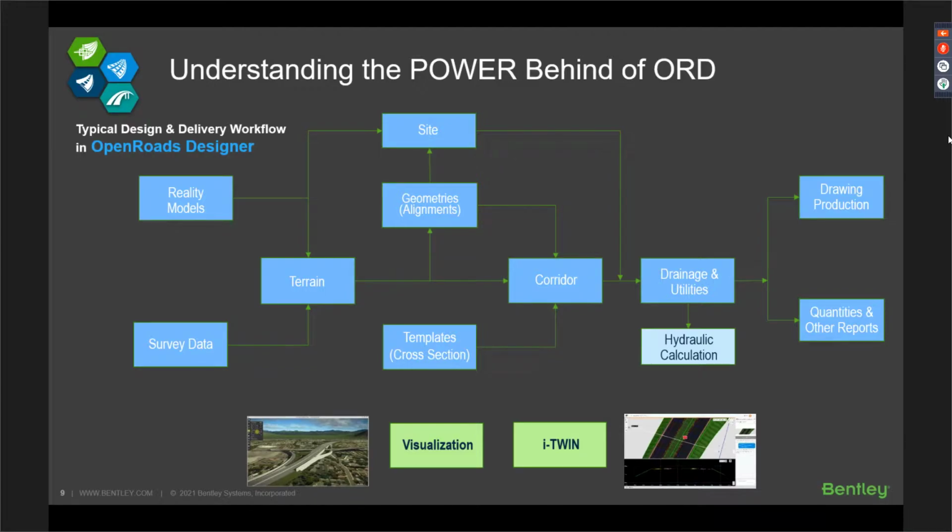Now, this is an overall picture of the design and delivery workflow in OpenRoads Designer. And this may be similar to what you do using other civil design software. However, how do you face the challenge of handling numerous data saved in quite a number of files? A medium to large scale civil infra project may involve hundreds or even thousands of files coming from different teams doing different tasks like survey, alignments, site, cross-section, then of course your corridor model itself.